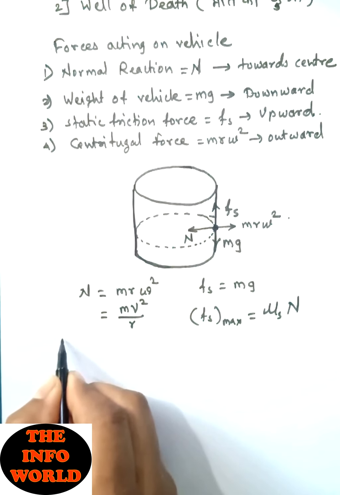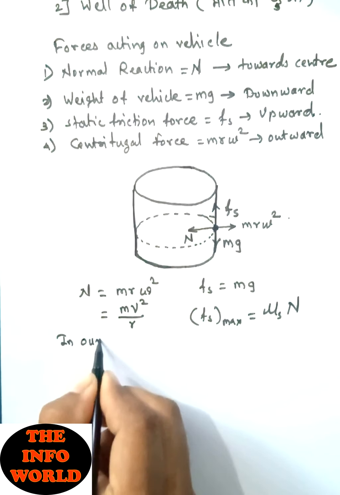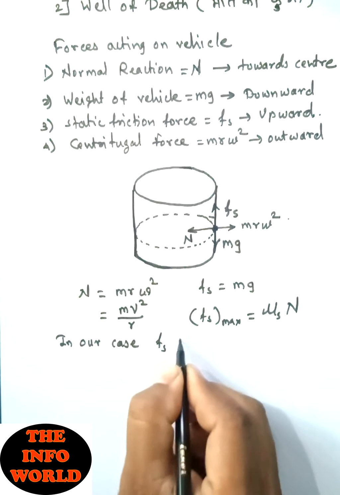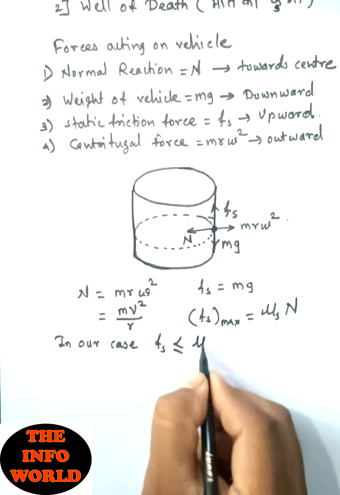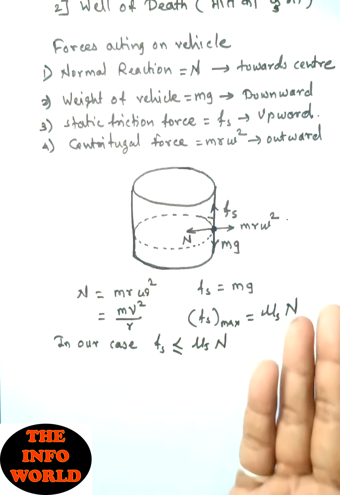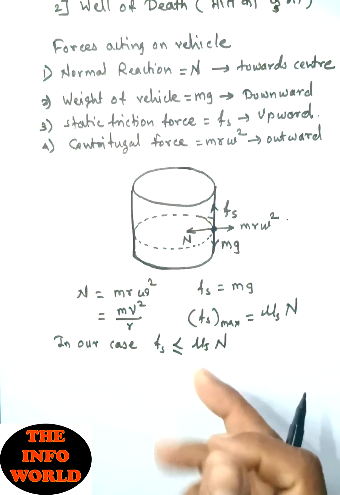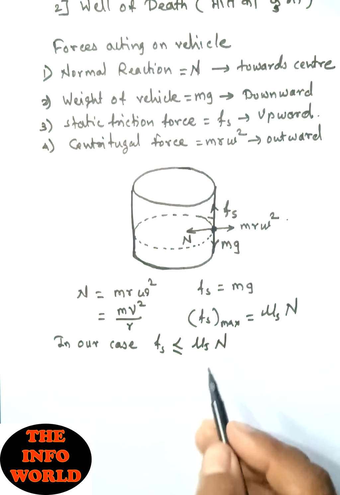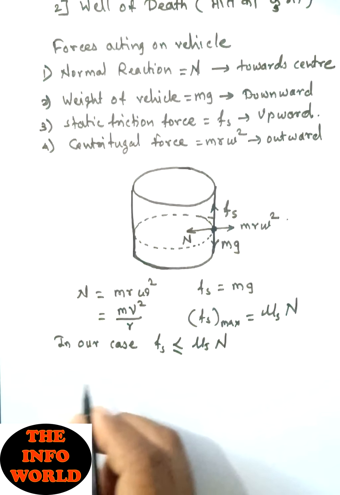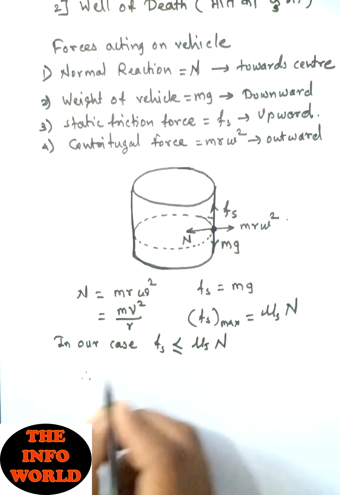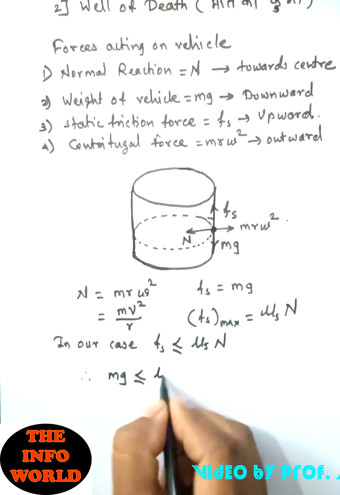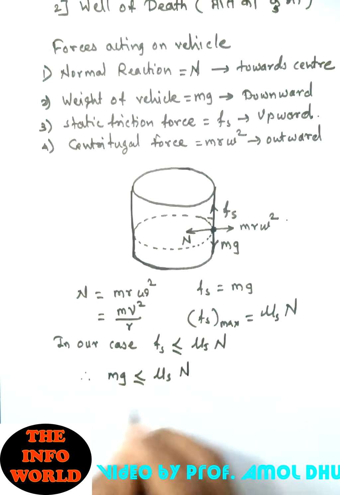In our case, this Fs is less than or equal to mu s into n, because we cannot increase the static friction force further than its maximum value. Therefore we can write Fs is equal to mg, which is less than or equal to mu s into n.